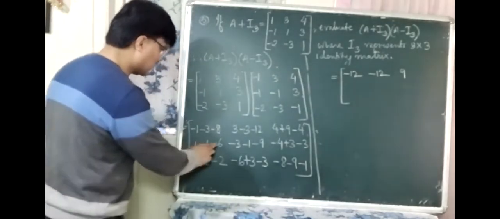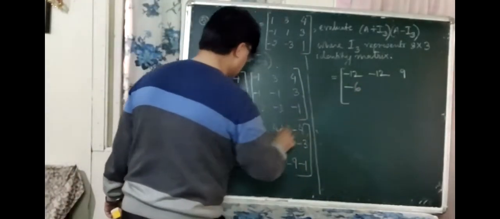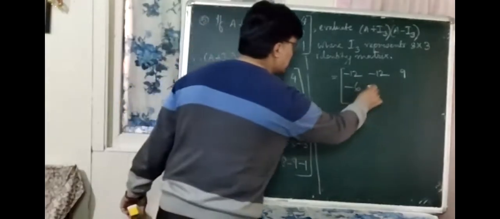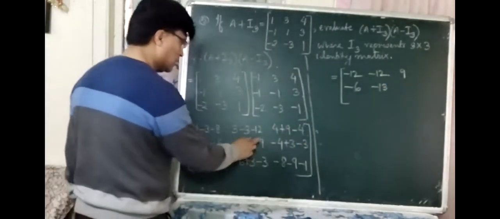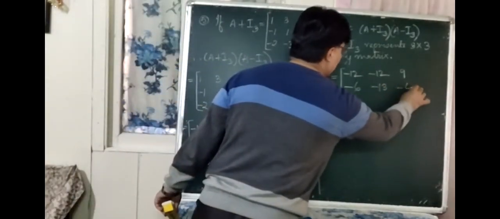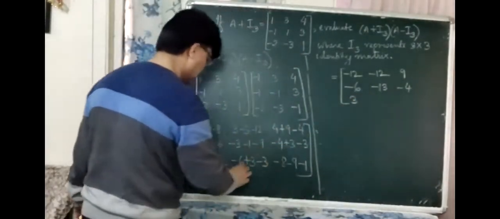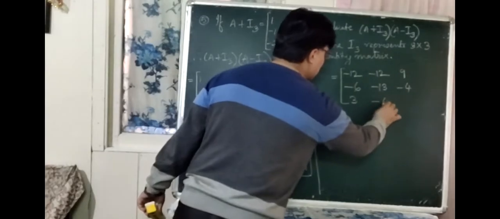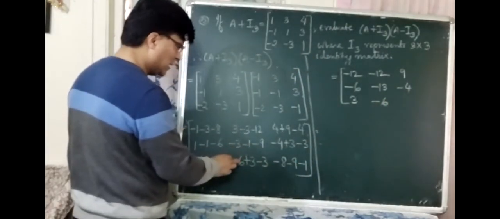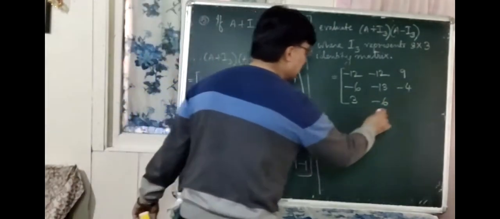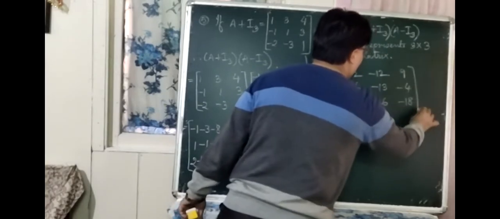This also 1 gets cancelled, this is minus 6, minus 13, this one minus 4 only, right? This one 3 only, this one minus 6 only, this one minus 18.